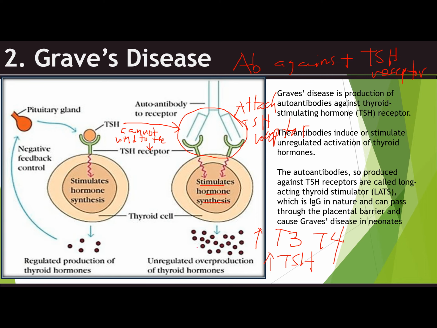The body is unable to stop because once it sends the negative feedback class, hindi naman naka-attach yung TSH doon. TSH is not the one continuously producing the T3 and T4. Instead, it is being produced by the autoantibody. So I hope that was clear.